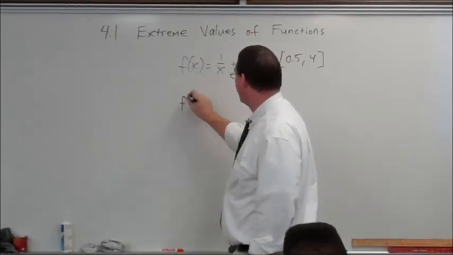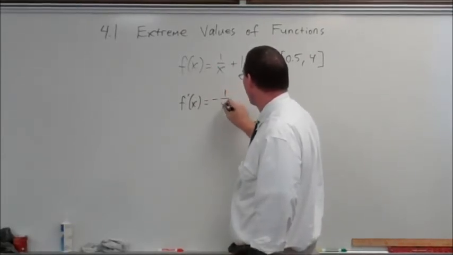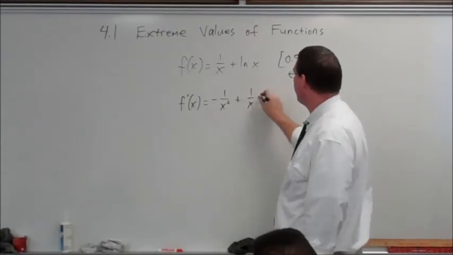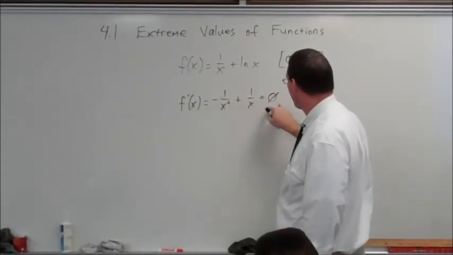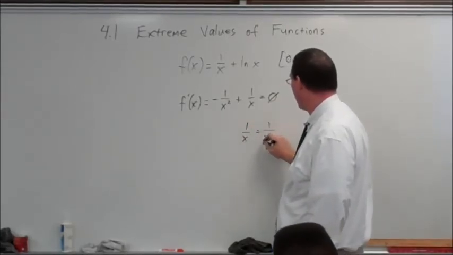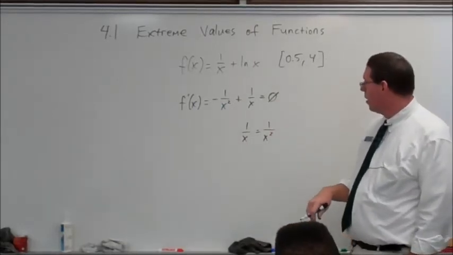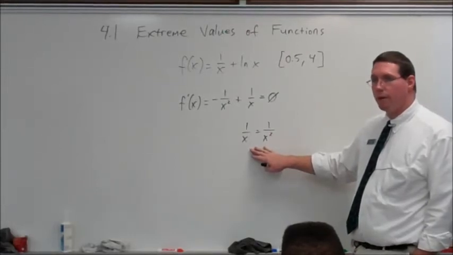First thing I need is the derivative. F prime of x is equal to negative 1 over x squared plus 1 over x. I'm going to set the derivative equal to 0. And now, algebraically, I'm going to move this over to this side. So now I have 1 over x is equal to 1 over x squared. Now, we cannot include 0 because the denominator cannot equal 0.